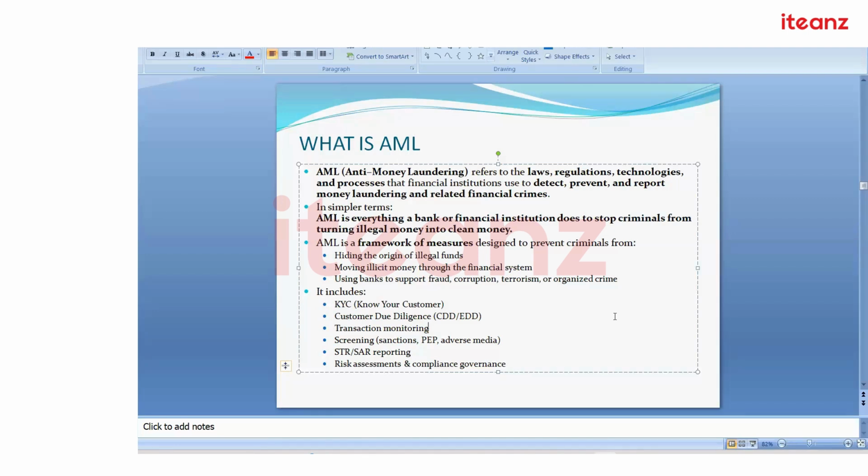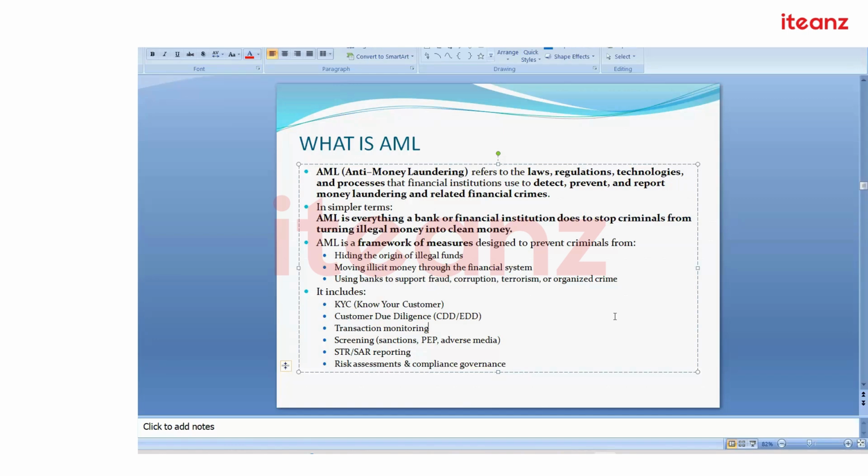The people who write these STR and SAR are the topmost analysts. It's a different stream itself, because this report will go to the RBI.